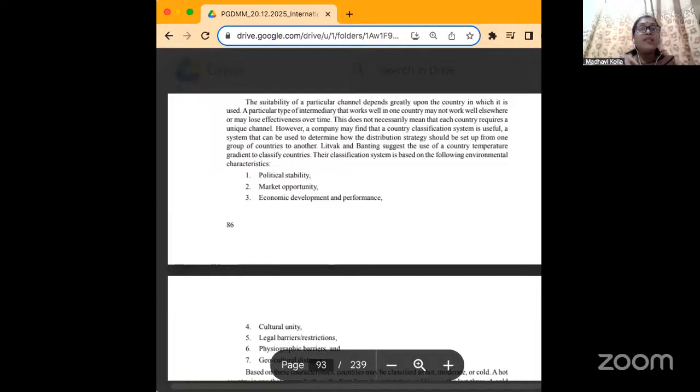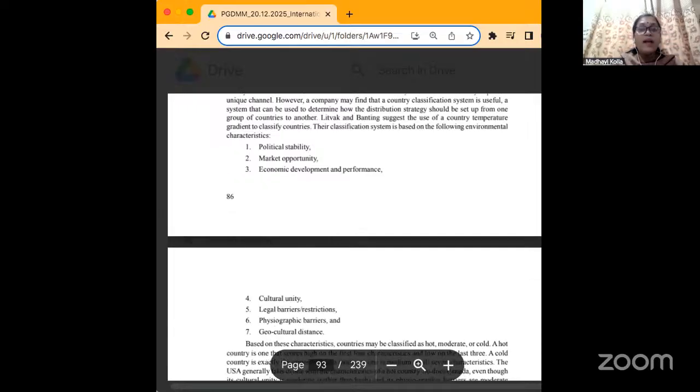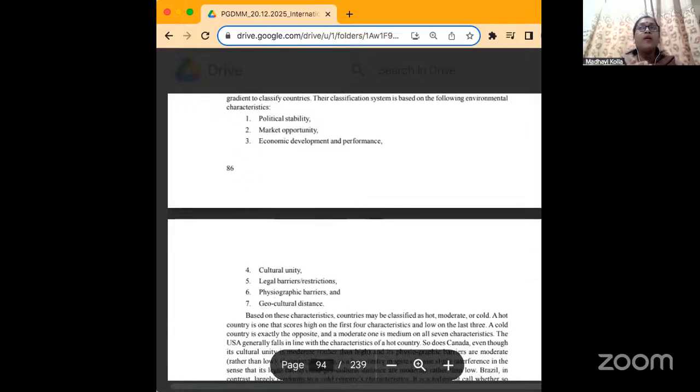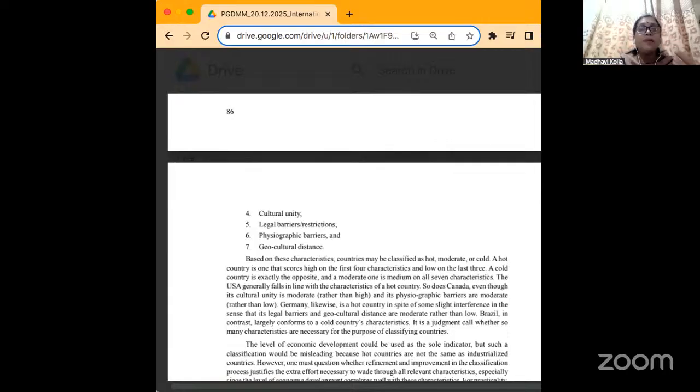In what terms? One is political stability. Second is market opportunity. It can be economic development and performance. We have been talking about developed countries, developing countries, emerging countries, etc. Then cultural unity, how similar they are.